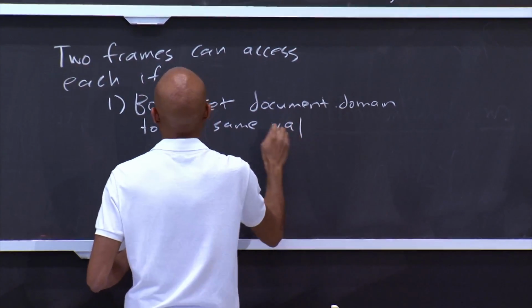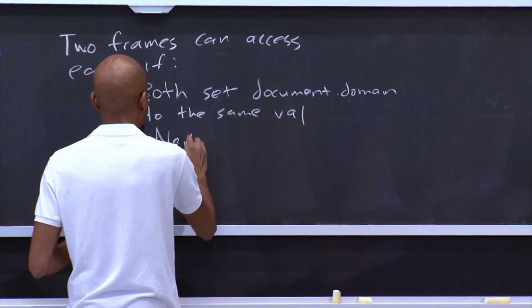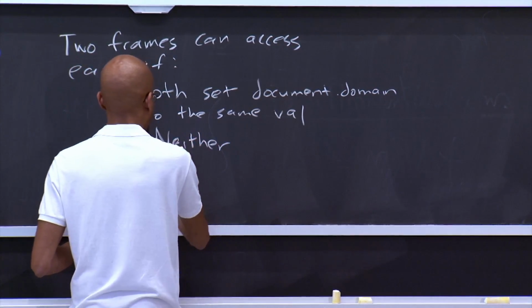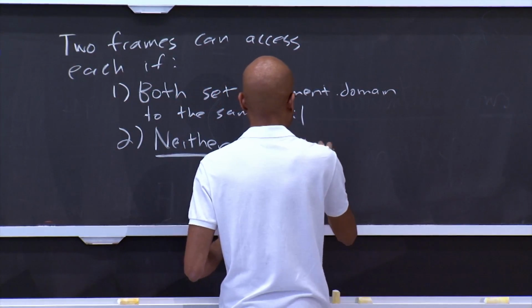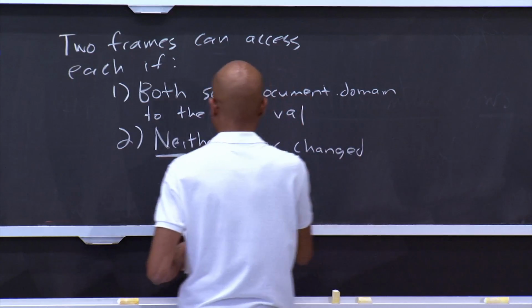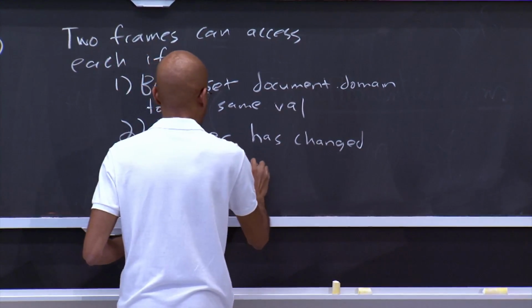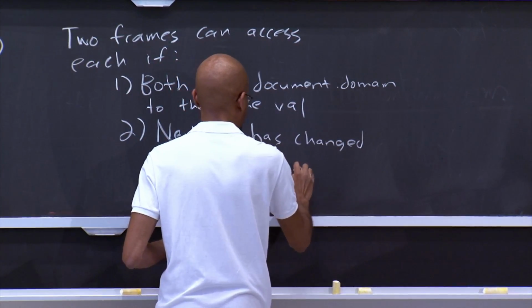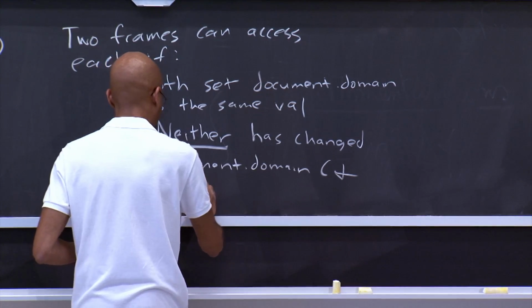And the other way that two frames can access each other is if neither of those frames has changed document.domain. And of course, both values have to match.